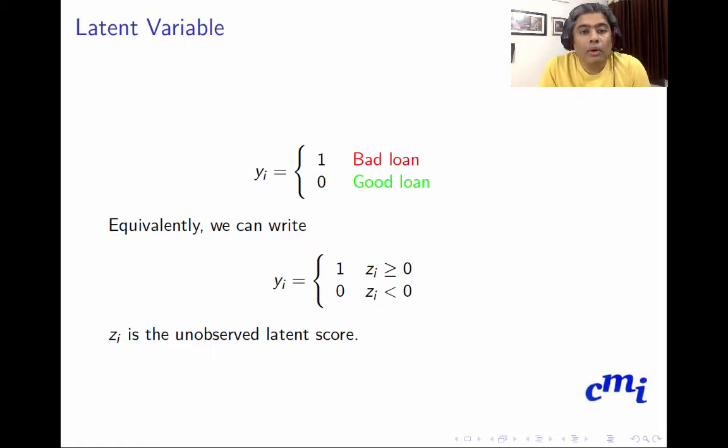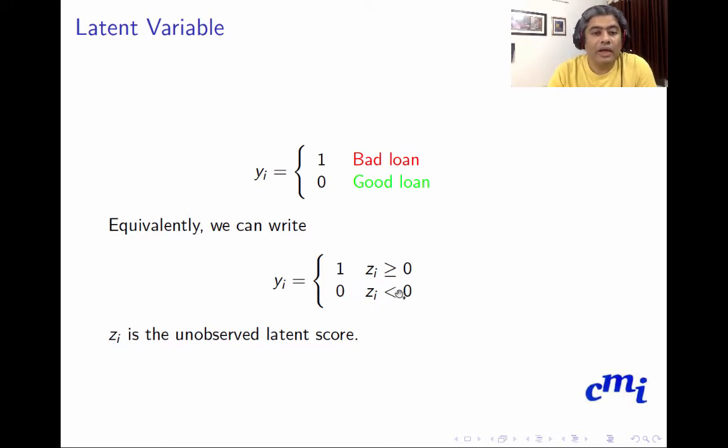Now we can model yi equal to 1 or 0, a bad loan or a good loan, equivalently as yi equal to 1 if zi is greater than or equal to 0, and 0, which means it is a good loan, if zi is less than 0.